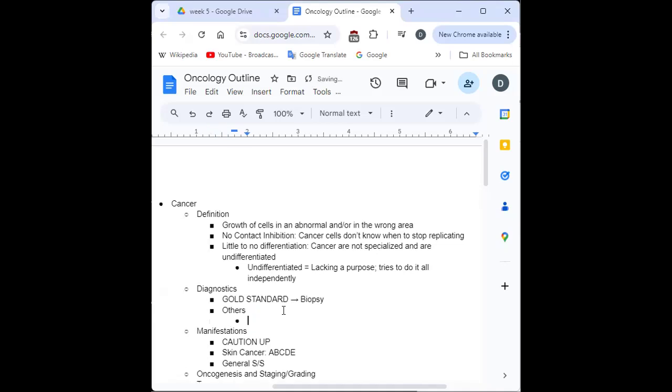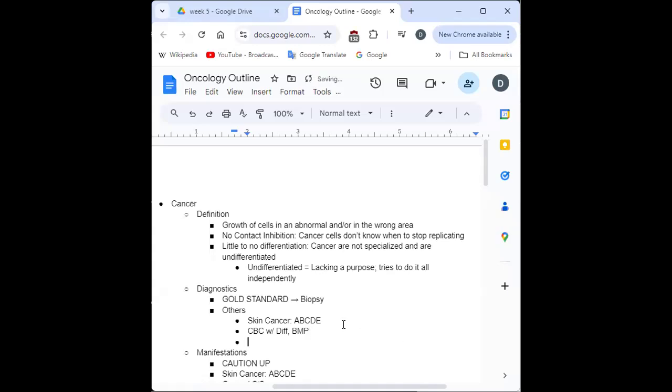This is a generalized cancer section, so for skin cancer, we have the ABCDE. There are also a few tumor markers. I'll be a little bit basic: a CBC with differential, and BMPs would be involved. There are specific tumor markers for specific types of cancers, but right now it's just a general idea.